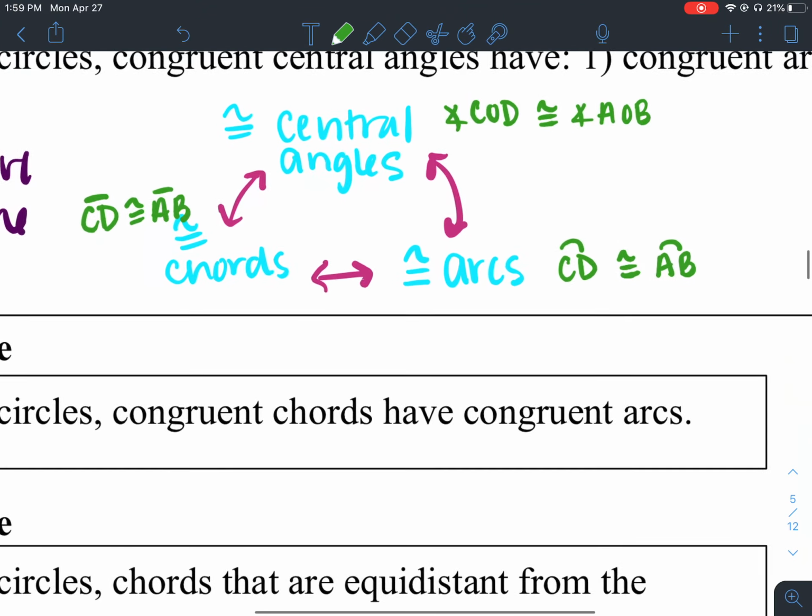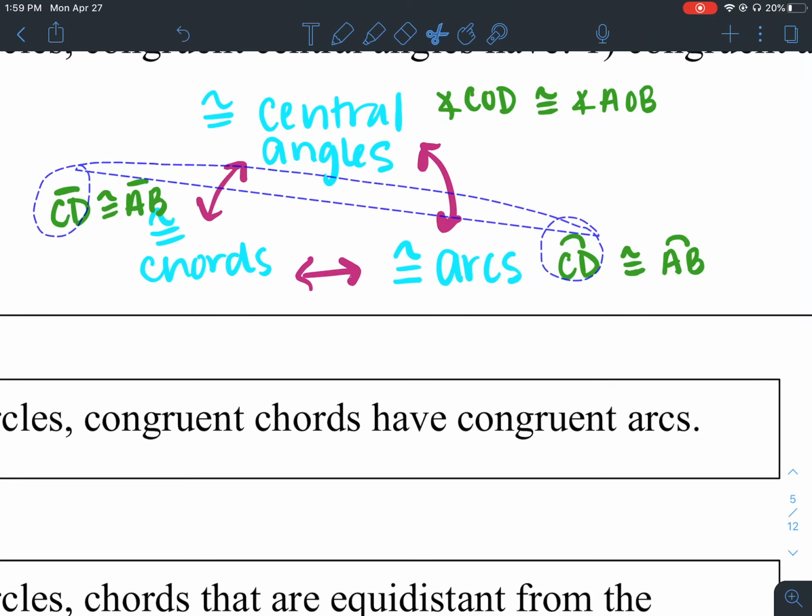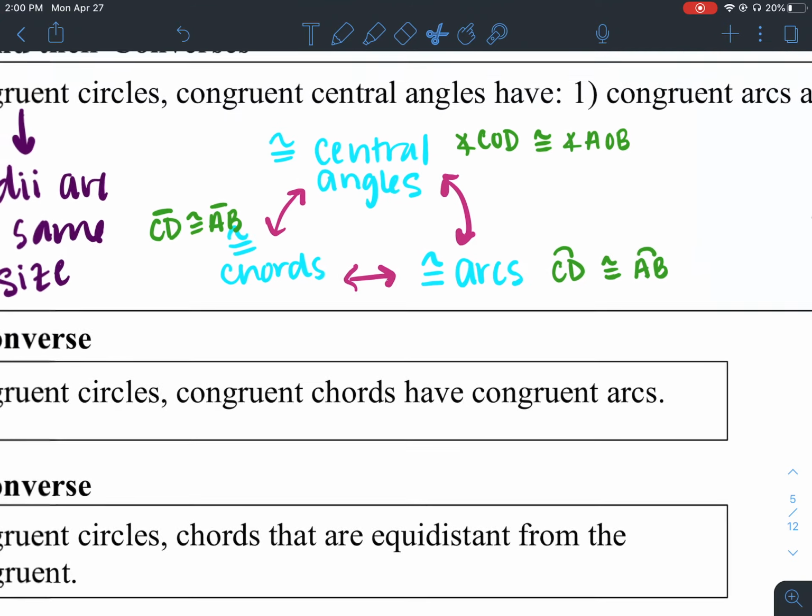So there is only a slight change in notation. I either have the little arc symbol or I have the segment bar. So I need to make sure that I'm being very clear and purposeful in my naming when I'm talking about these things. So I know if I'm talking about my arcs or my chords.